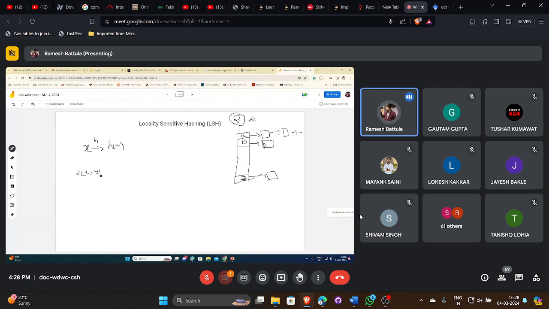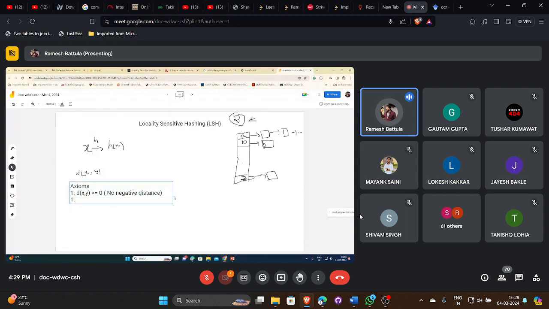The first one: d of x comma y is greater than or equal to 0, which means there is no negative distance.